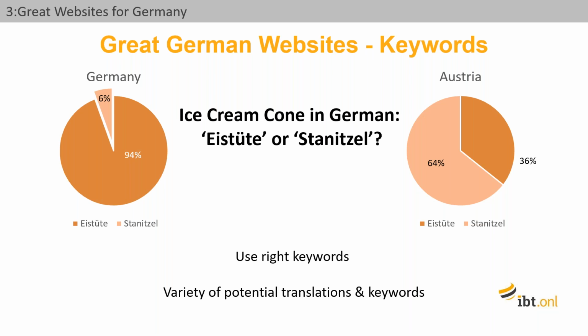So your translator might suggest a term that describes your product well, but it does not mean that Germans are actually looking for this word. That's why keyword research is so important when building a German website. And creating new words means that your keywords can change a lot, so it's really important to renew your keywords on a regular basis.